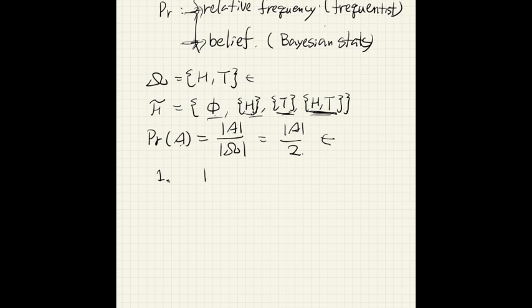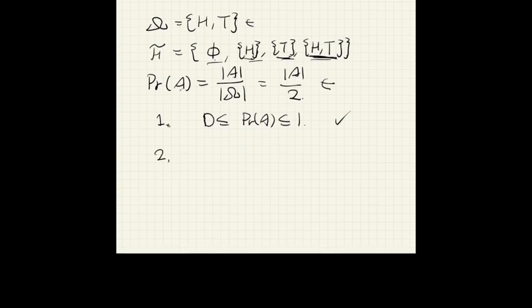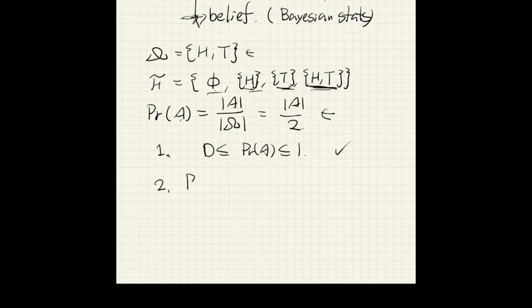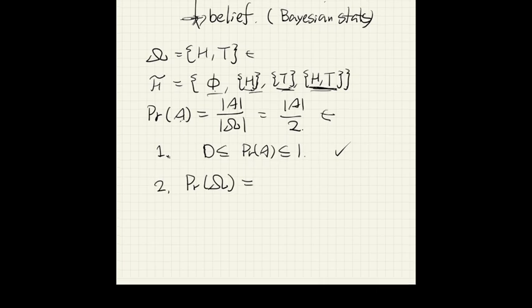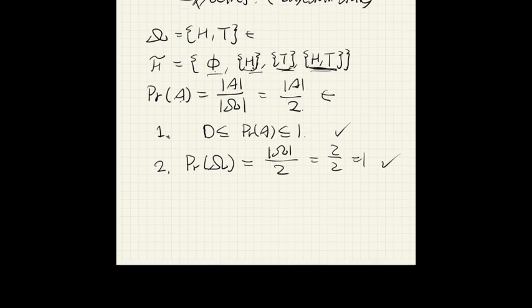So the first axiom is satisfied. The second axiom was if we plug in omega itself, it should be 1, right? In this case, omega has cardinality 2, which is 2 over 2, which is 1. So the second axiom is satisfied.